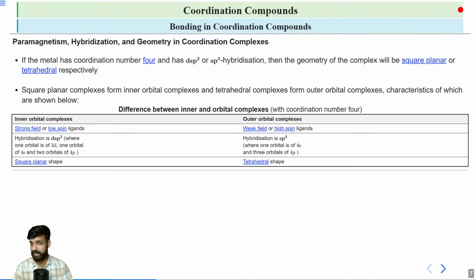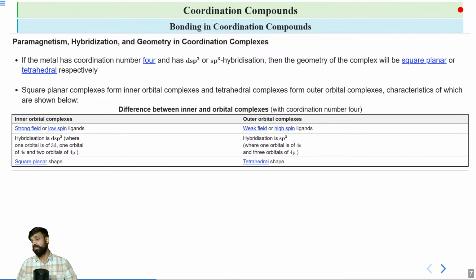So the first one is already known to you. You can write the first one very quickly, which is the presence of strong field ligands. But there is also some requirement regarding the metal ion. Can you tell me? The count of electrons is fixed. Then and only then will it show a square planar complex. So this will help you a lot in the exam if you know this thing. Okay.